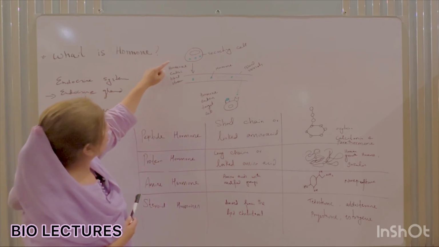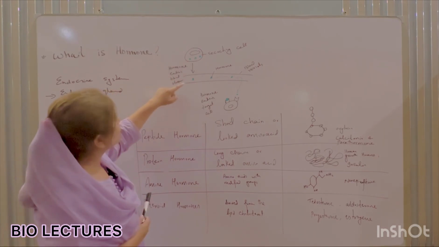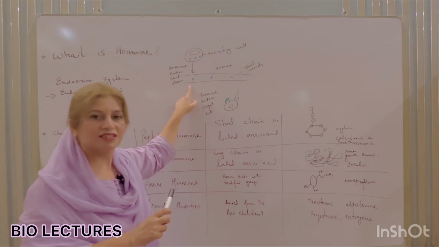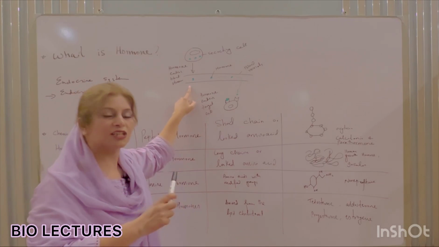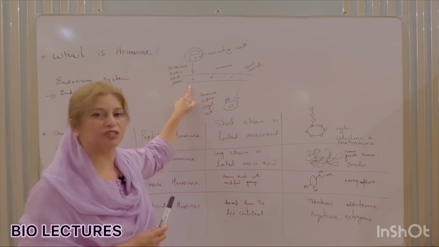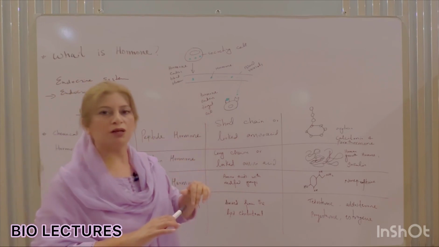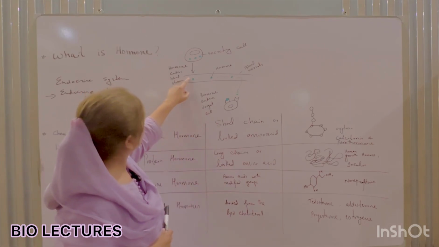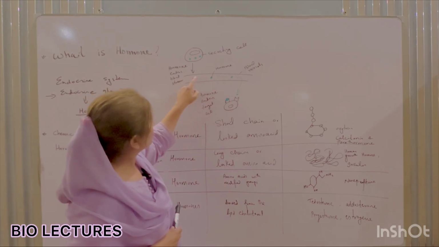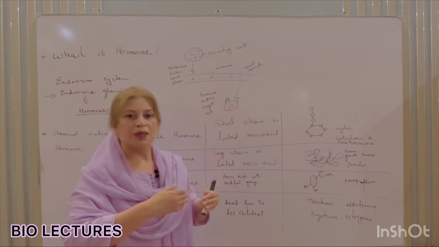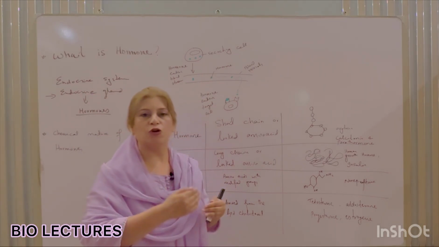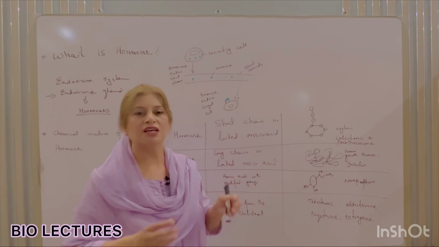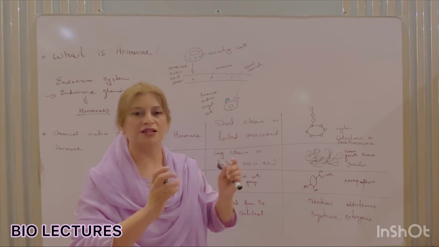Now students, look here, this hormone enters into the bloodstream. After being released from the secreting cell, what will happen to the hormones? They will enter into the bloodstream, and from the blood, look here, these hormones pass through different cells, tissues, and organs, and they will definitely reach their target cell.